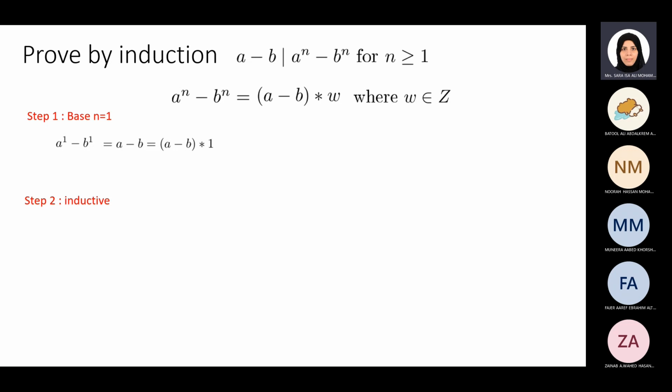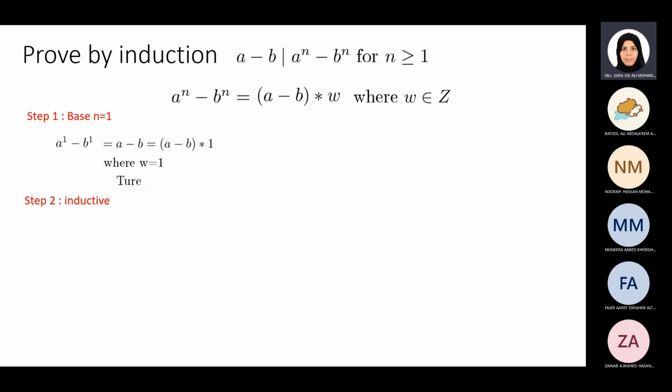And this is what we get here. So it's just true because w is an integer value. Here I don't have a right hand side and left hand side and comparison. Okay? So we have to check if this condition is true or not. It is divisible by or not divisible by. We find that it's true for the base.